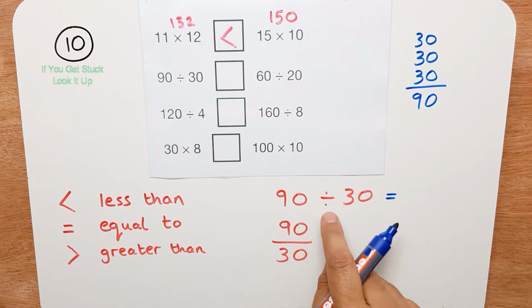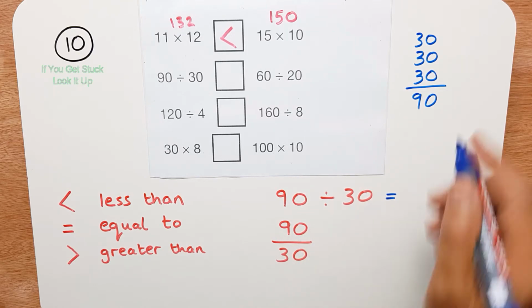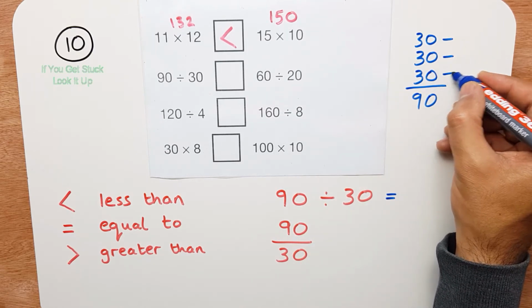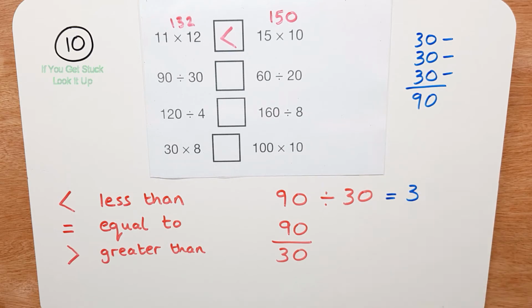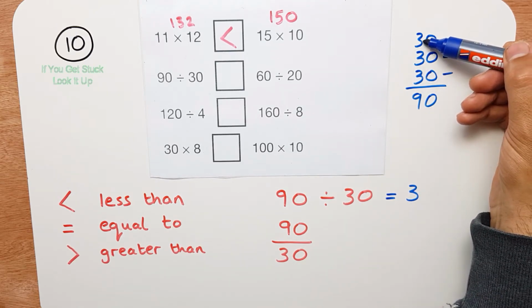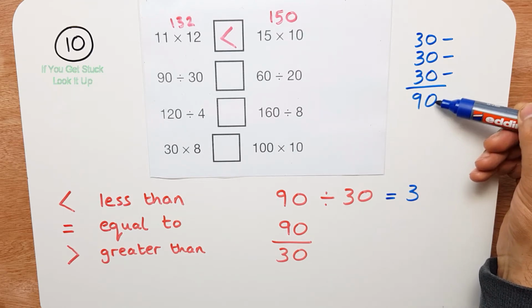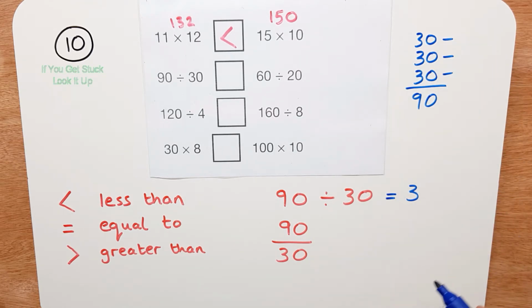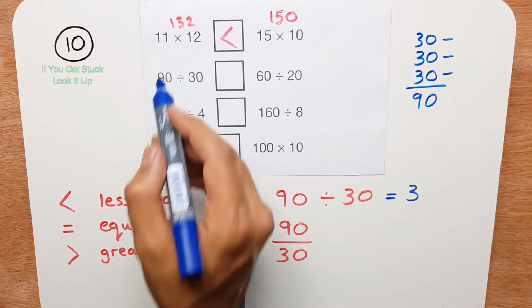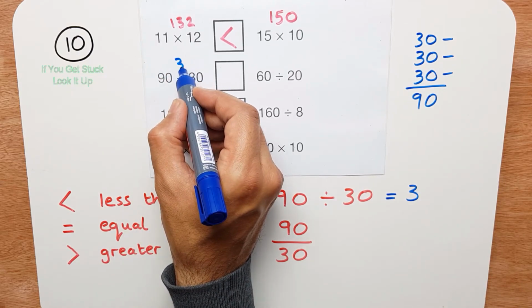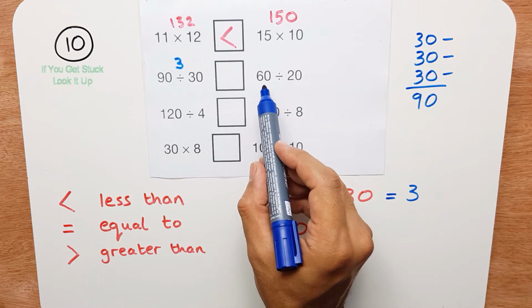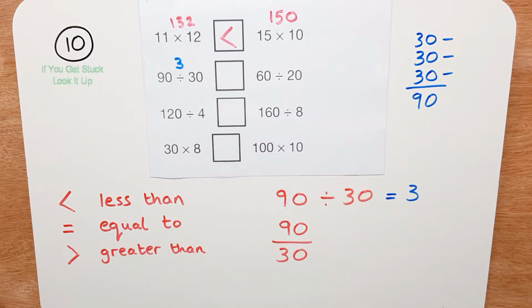So 90 divided by 30 is 1, 2, 3. And if you look here, it's 3, 6, 9 with an extra 0. So 30, 60, 90. Now, I'm going to write 3 on this side. And I'm going to do the same thing on the other side.